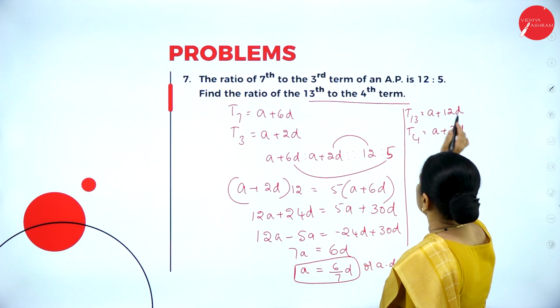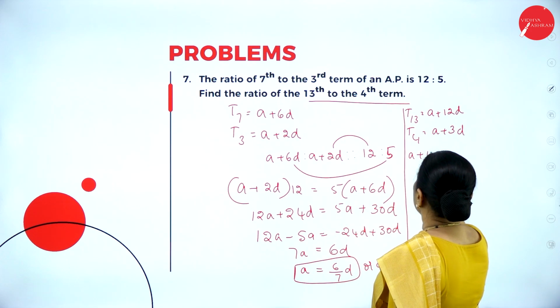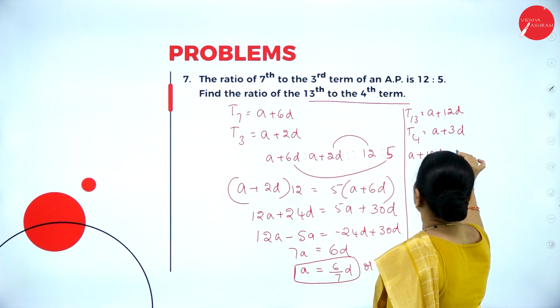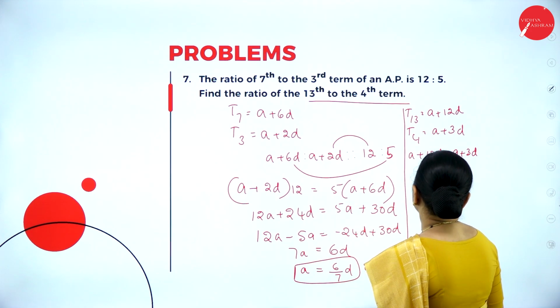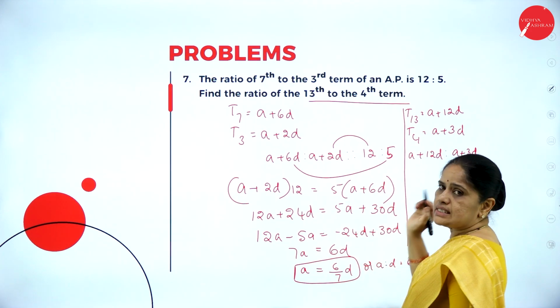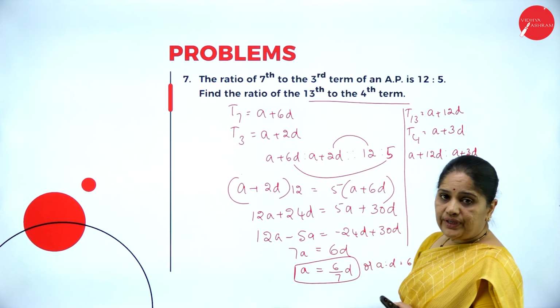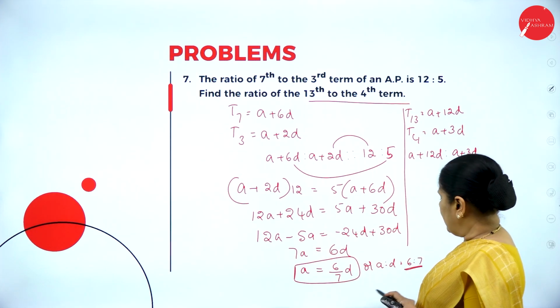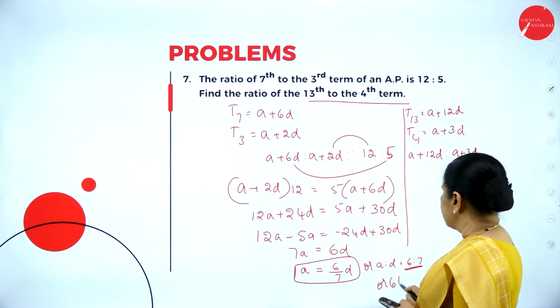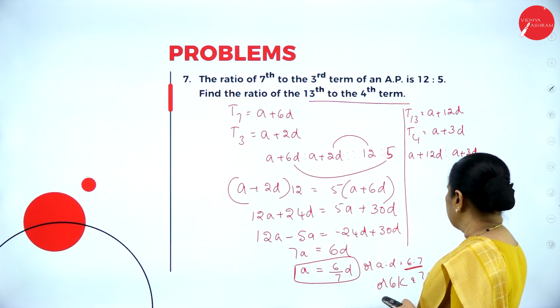So, A plus 12D is to A plus 3D. Now, we know the value of A is to D is 6:7, or we write it as 6K and 7K.